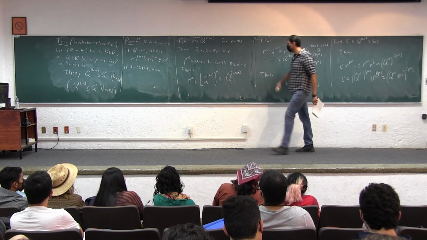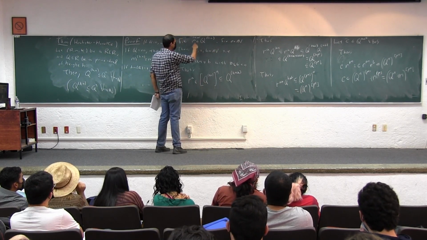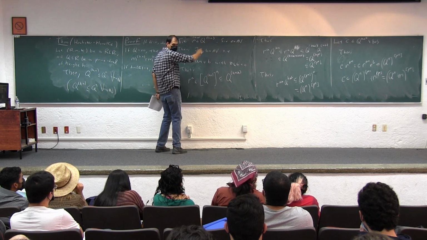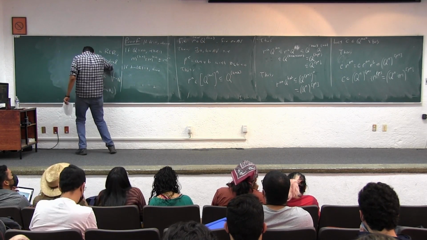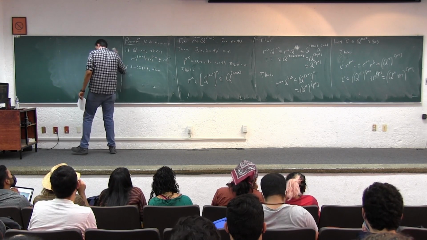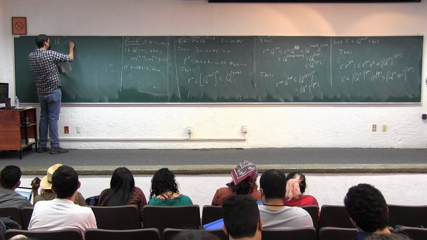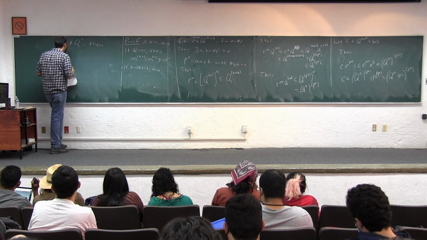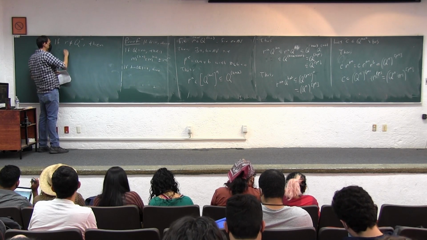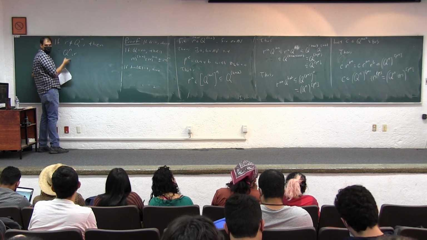So what happens if R is not here? So if R is here, but R is outside Q to the N. If R is outside Q to the N, then Q to the N times R cannot have 1.